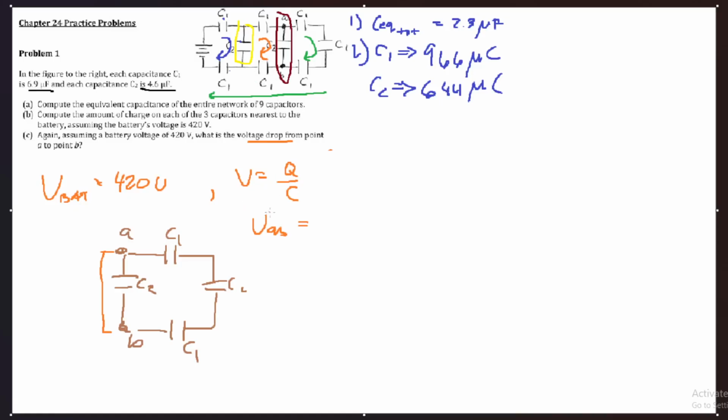Since VAB is equal to Q over C, the voltage VAB is just one third of V. And then from earlier, we said that V is equal to 420 over 3.